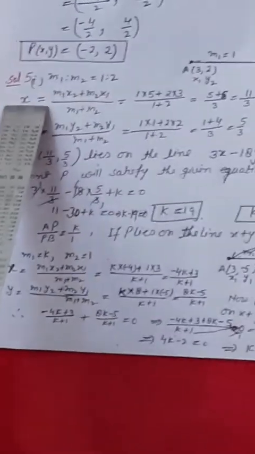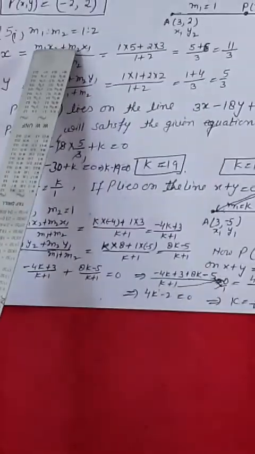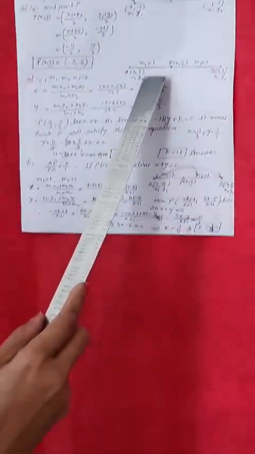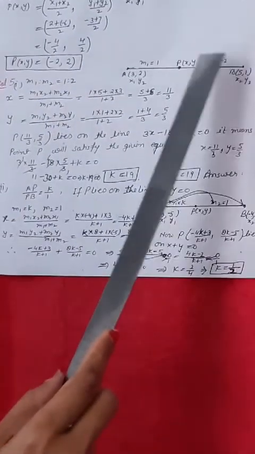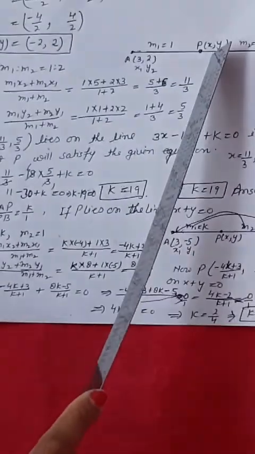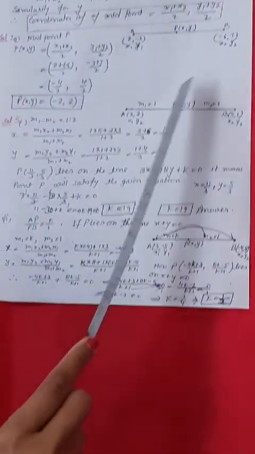Now let me explain question number 5, first part. The line segment joining the points A (3, 2) and B (5, 1) is divided at point P, let us say this dividing point (x, y), in the ratio 1:2.